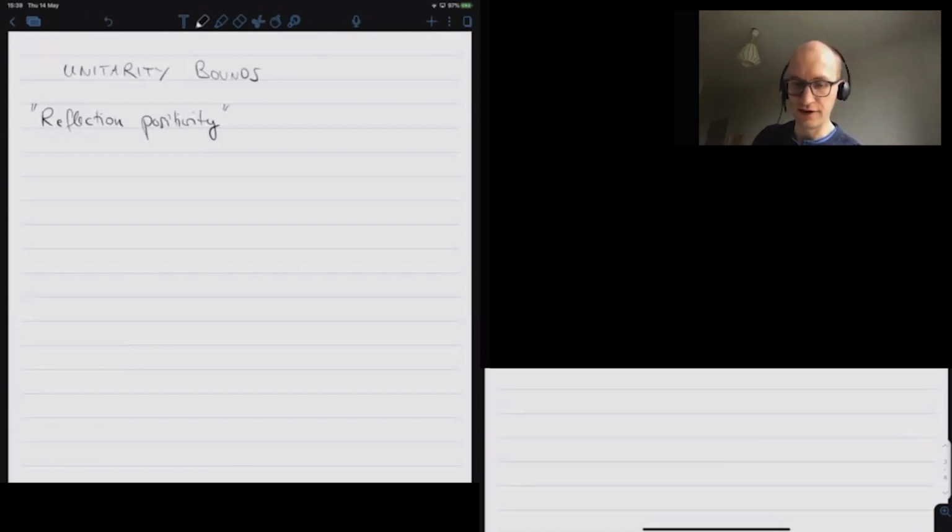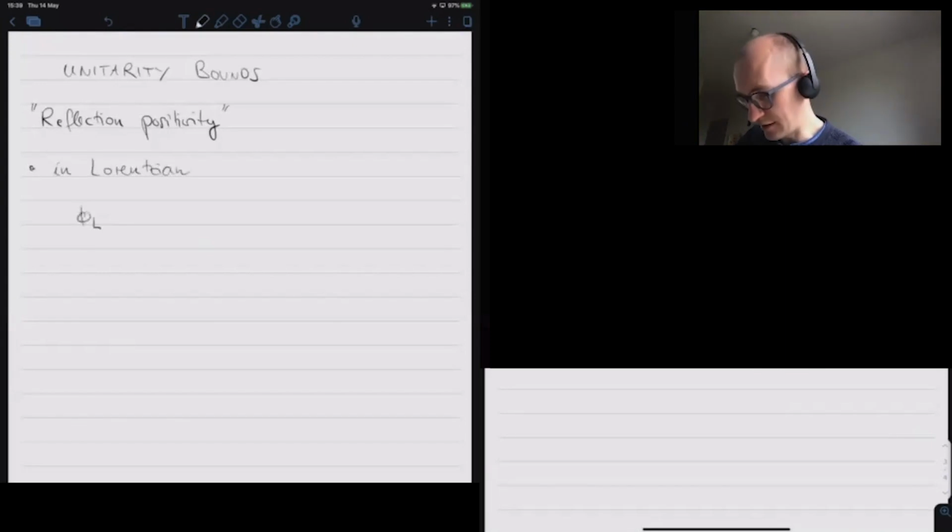So let's think about Lorentzian signature for a second. A Lorentzian field phi_L at t and x, I can define in terms of the Lorentzian field at 0, in terms of e^{-i p_0 t - i p_j x^j}.